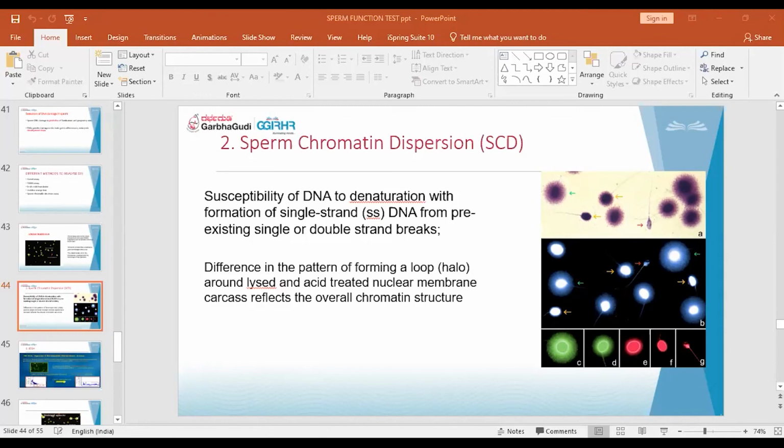And what about eosin nigrosin? Dead sperm are stained by eosin nigrosin because the plasma membrane is broken. So only those with a broken plasma membrane will stain, and sperm stained with that test cannot be used for ICSI. If I use them, what happens? We should not do that.